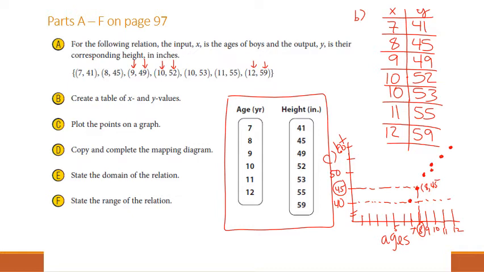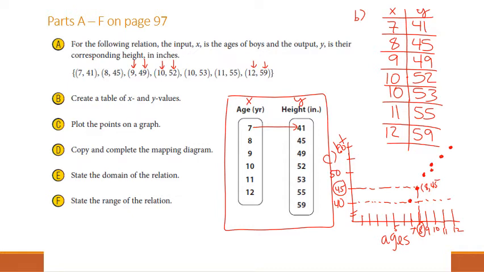This is an input set. This is output set. So 7, when the kid who's 7 has a height of 41, I connect them that way. You draw a ray connecting the input to its corresponding output.